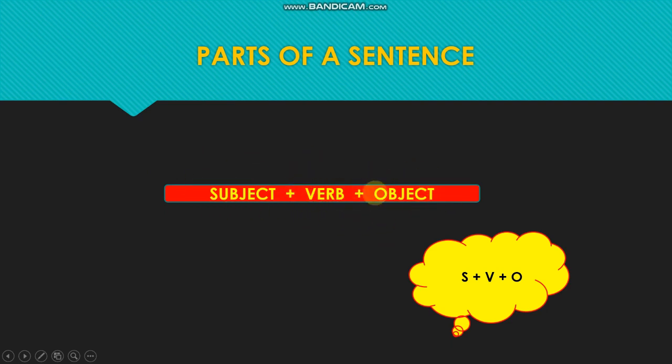Third thing that comes is the object, or for short S plus V plus O. This is a trick to use while writing exams. This will be easily remembered and it can stay in your head. Subject S, verb V, object O. And the order does not change. This is a fixed order.